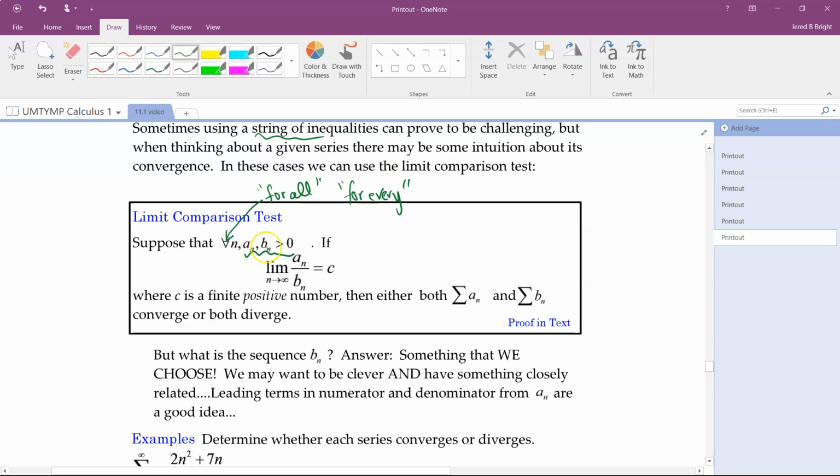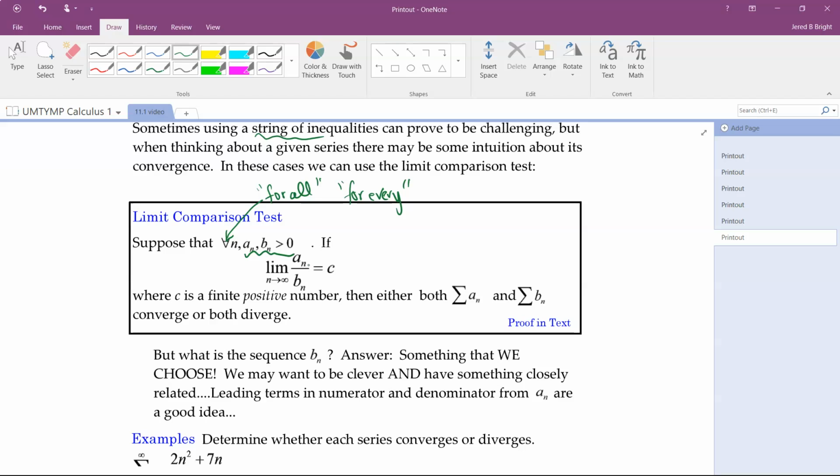But anyway, if we have that condition of positive values in our sequences, and if we look at the ratio of our two sequences, and that is C, where C is a positive finite number, then if that condition is true, either the series both converge or they both diverge. So we just have to be aware of that.